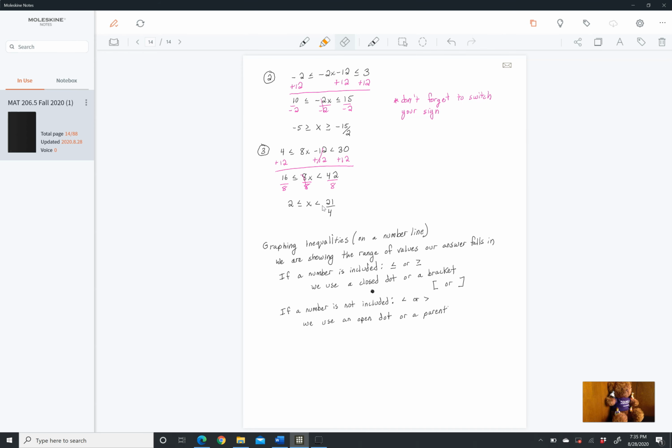If you're using brackets, use parentheses. If you're using dots, then only use dots. In other words, don't use a parentheses and then a closed dot for something else in the same graph. Okay, so let's just do a bunch of these, just so that you become familiar with it. Let's go to the next page.